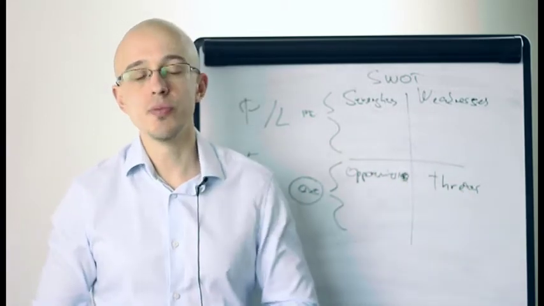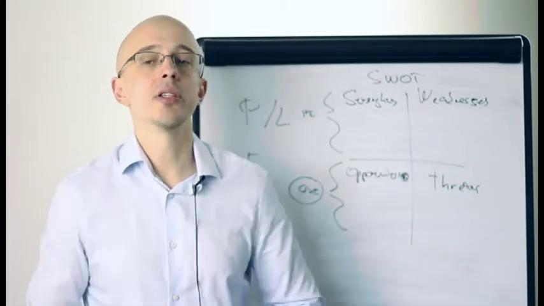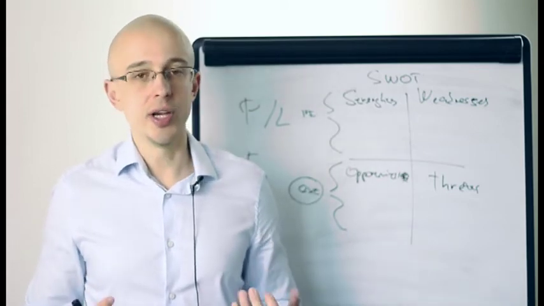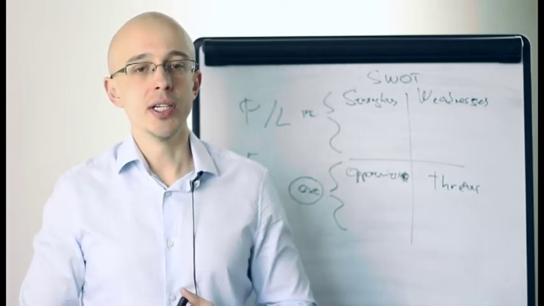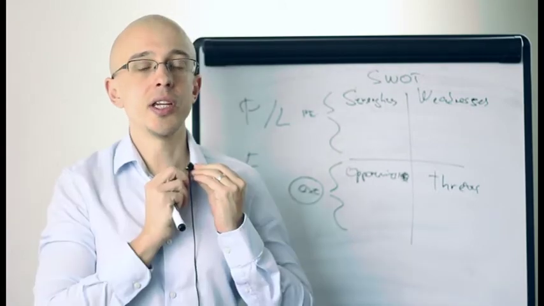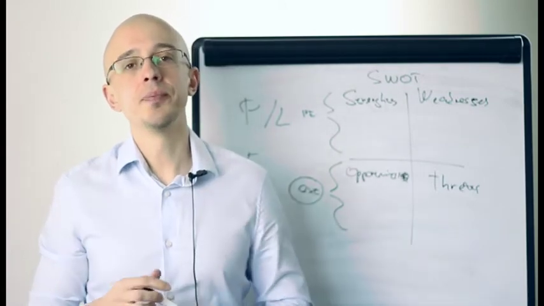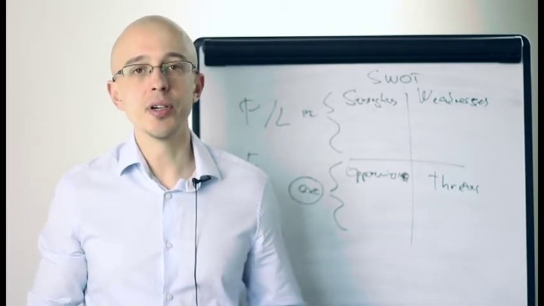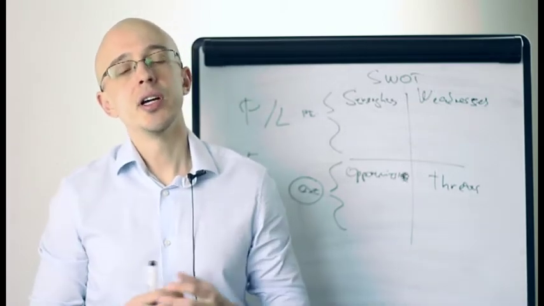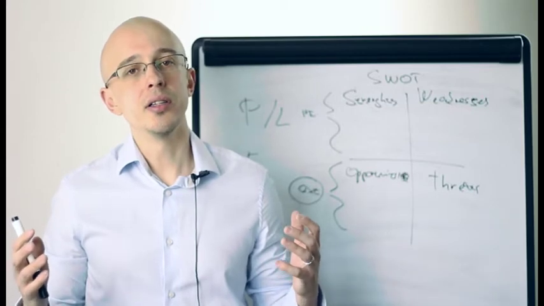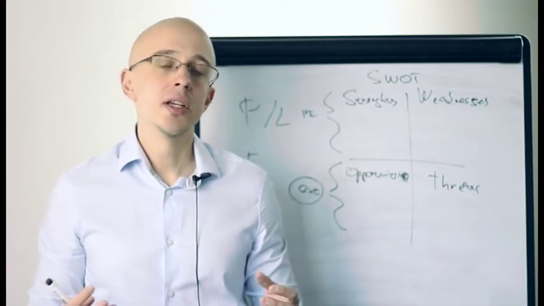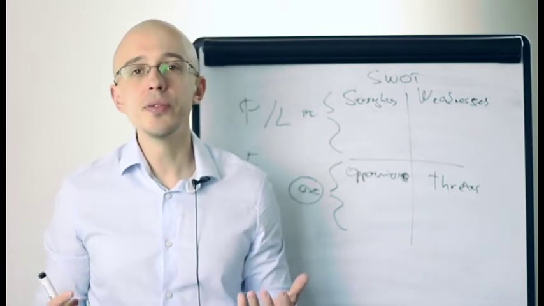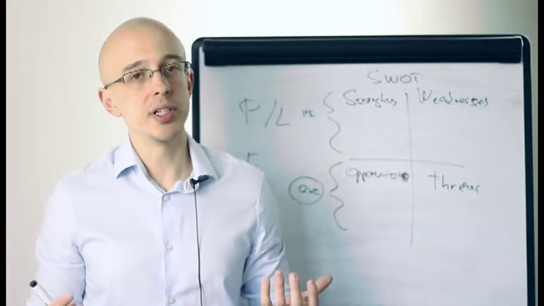That's the threats, right? So maybe there's new regulation coming, environmental regulation, but this time it's going to be harmful for you because you are not ready, right? You need to invest money into securing new technology. Take McDonald's, right? McDonald's was always selling the typical fried food, hamburgers and stuff like that, and now society is inclining towards more healthy food, which McDonald's historically never offered.